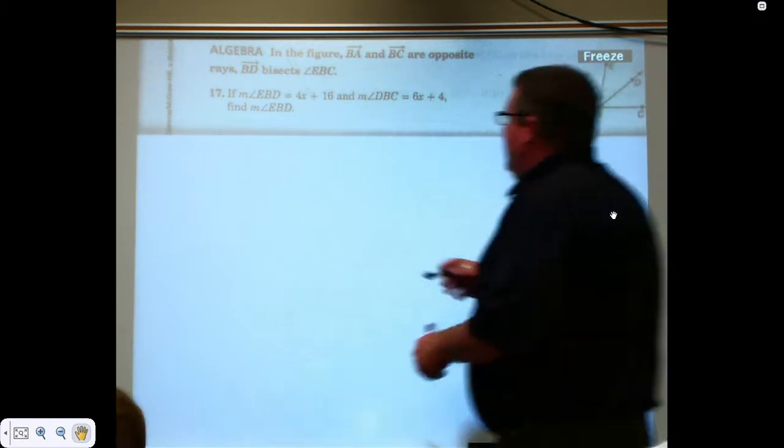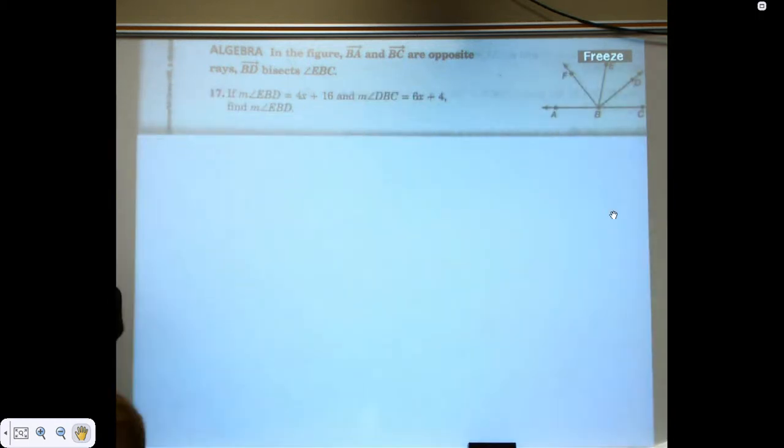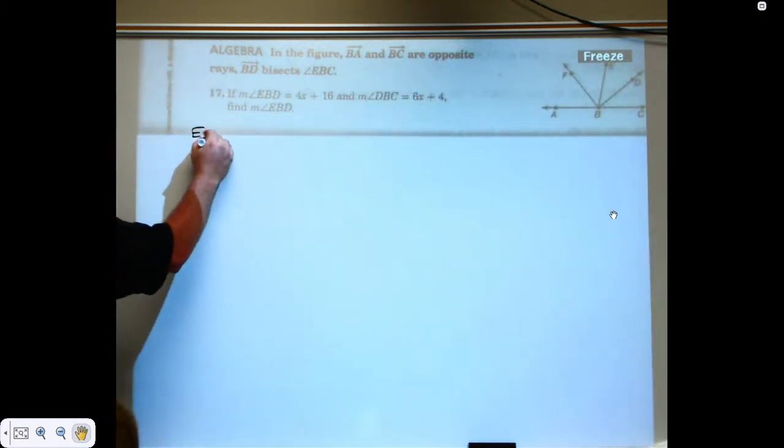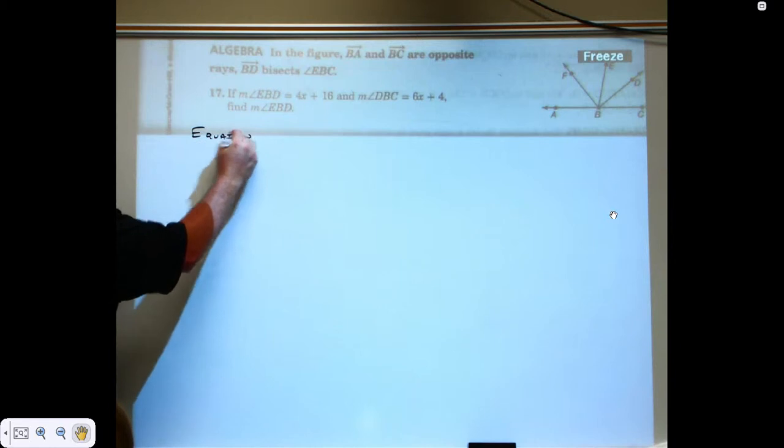This does look like algebra, does it not? So what do we probably need to create? An algebraic expression. Nope, an equation.